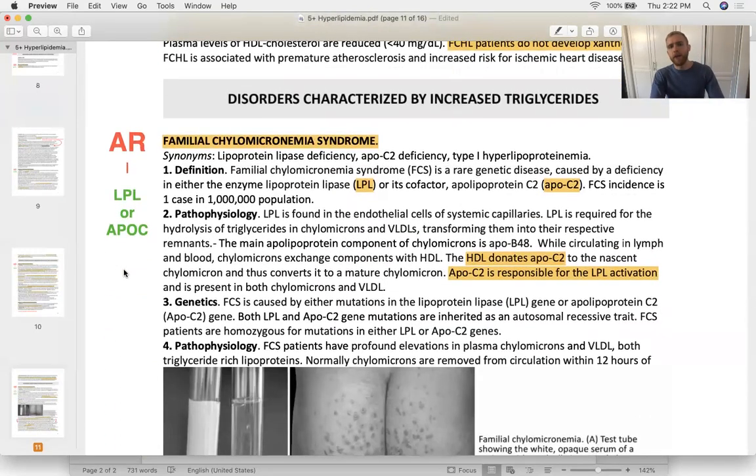Moving on to disorders characterized by increased triglycerides, we're looking at familial chylomicronemia syndrome, which is an autosomal recessive inherited disorder. This is a type 1 Fredrickson classification, and it's a defect in either the lipoprotein lipase or the ApoC gene. So we just talked about how a lipase is responsible for deesterifying a fatty acid. And that means it's responsible for creating a free fatty acid from an esterified fatty acid.